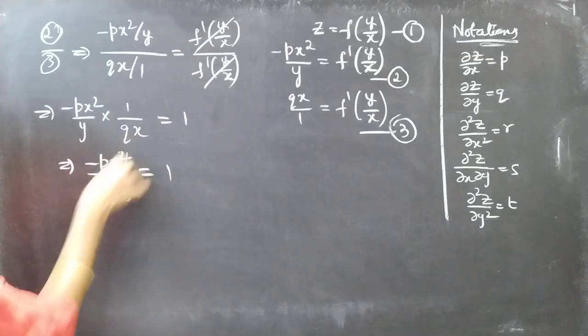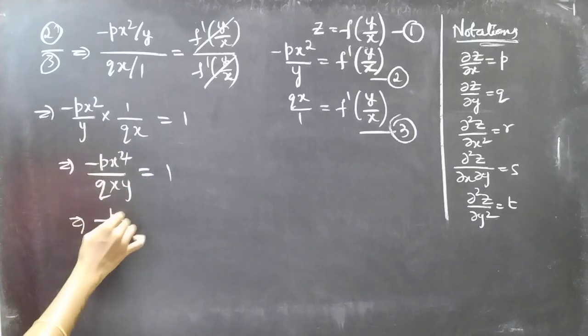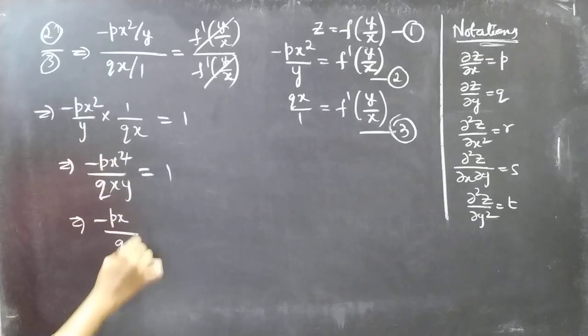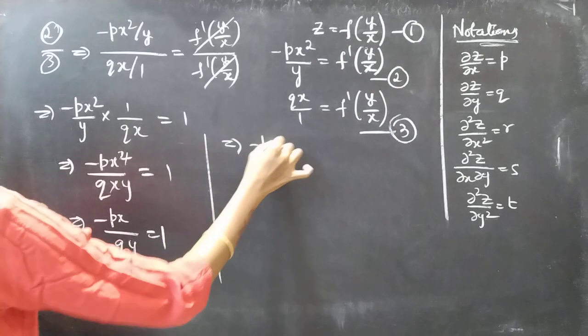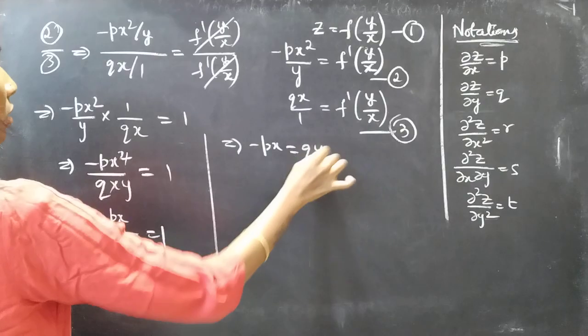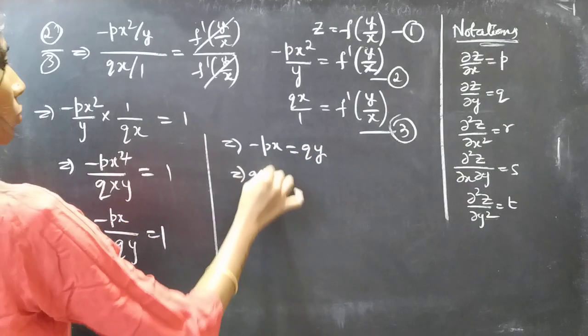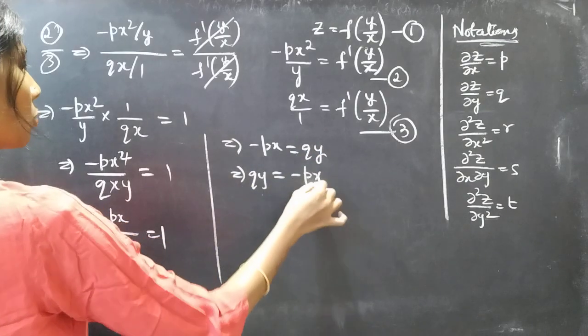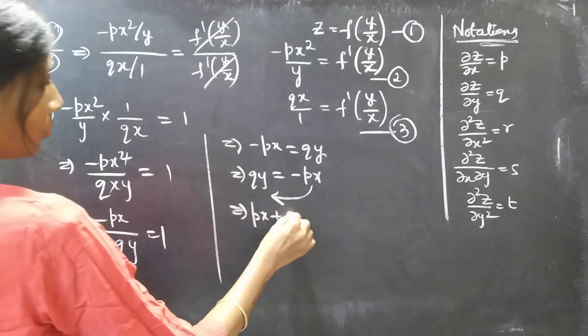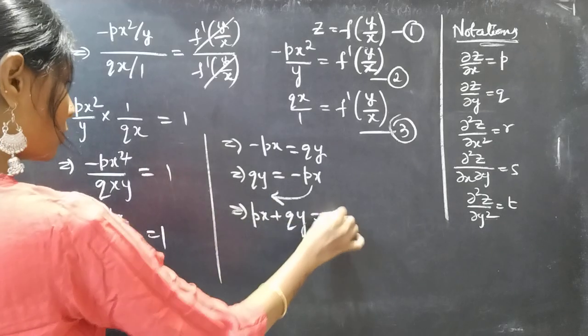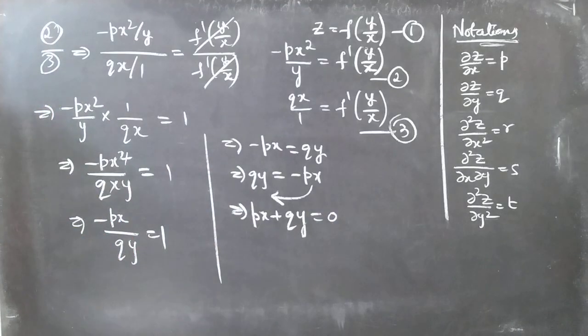You can cancel one x, then you'll get minus p x by q y equal to 1, which gives us minus p x equal to q y, or we can write this as q y equal to minus p x. Now bring this minus p x to LHS, we'll get p x plus q y equal to 0, which is the required partial differential equation.